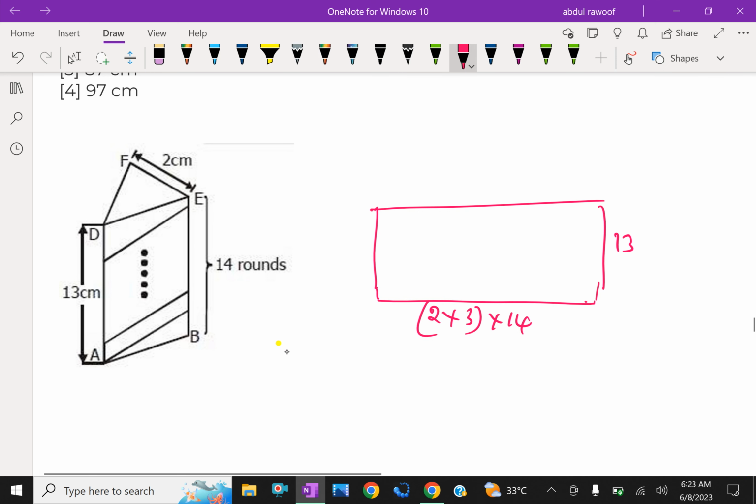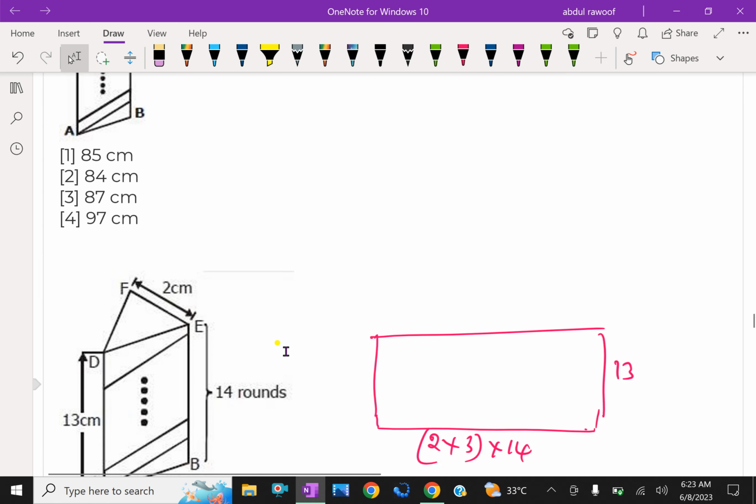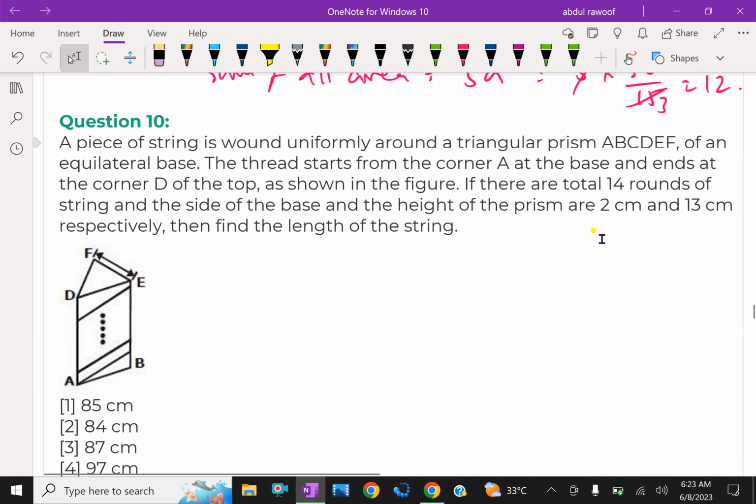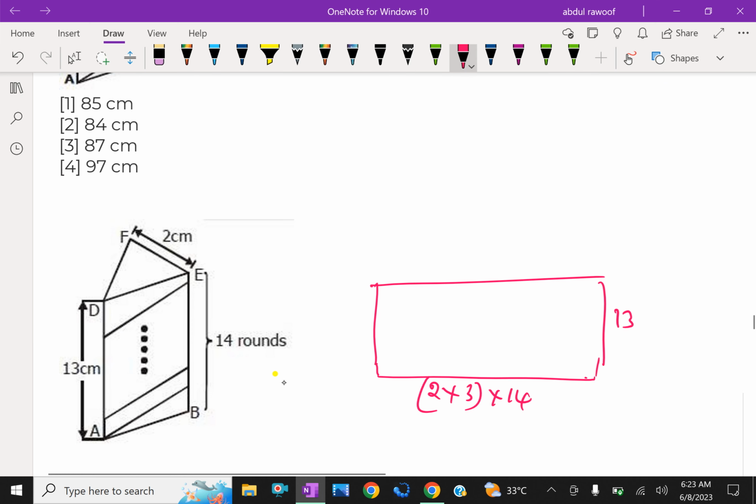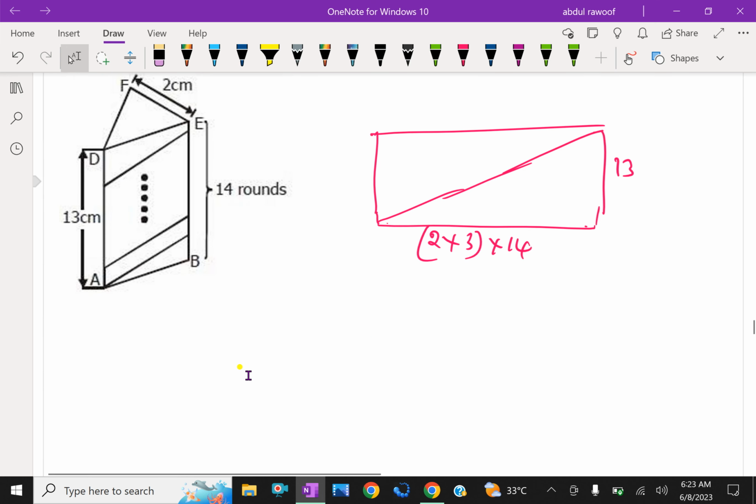From this, therefore, we need to calculate the diagonal, which is equal to 2 threes are 6, 6 into 14 is 84.